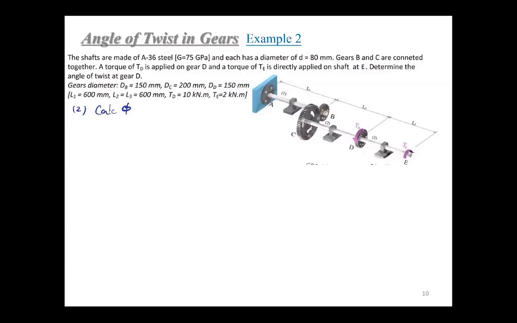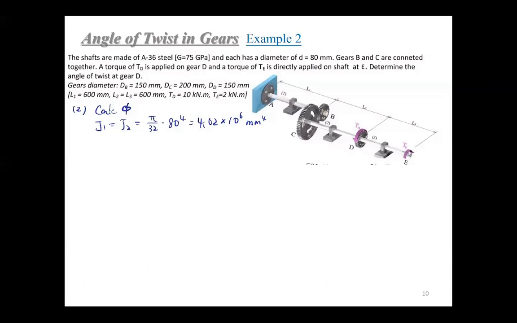Before that, we need to determine the J values. J1 equals J2, which is pi over 32 times diameter 80 to the fourth. So it will be 4.02 times 10 to the 6 millimeter to the fourth.